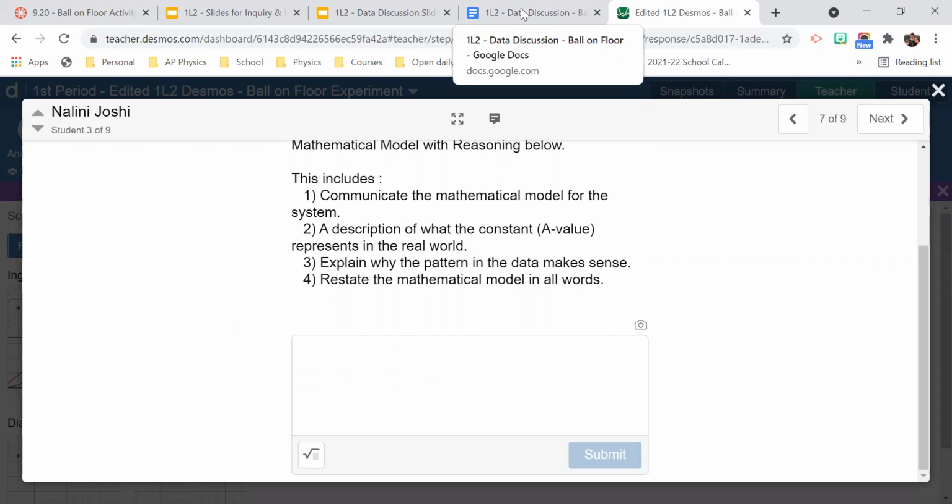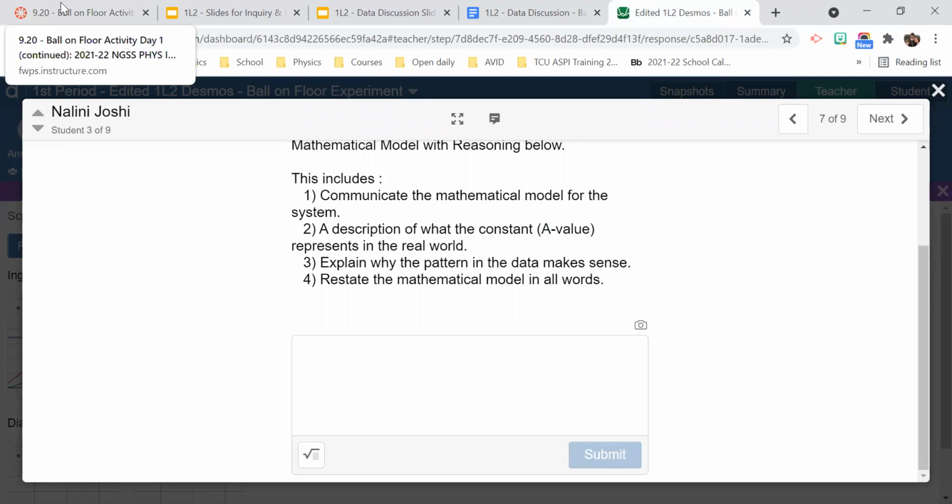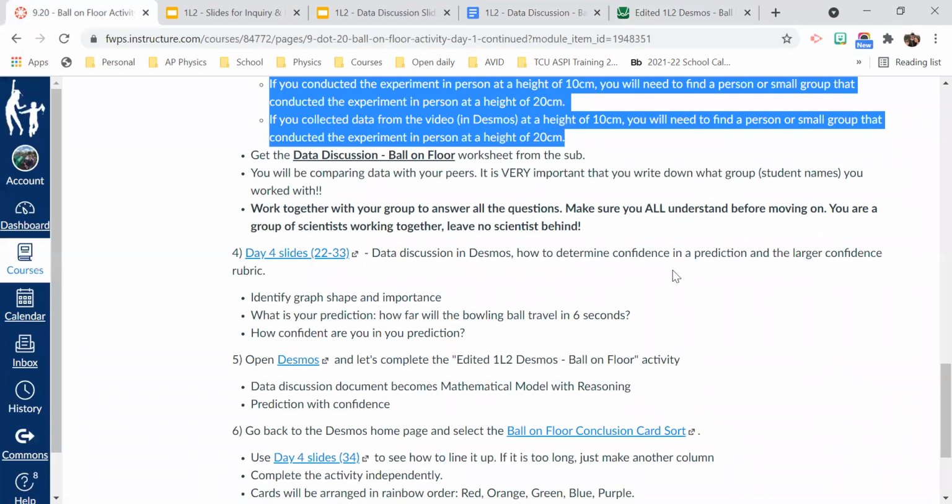Keep in mind their A value will be different, but you should all be on the same path of understanding what this A value represents and why it makes sense. So take a couple minutes, go check with your peers. If people aren't where you are, just check with somebody who seems like they might be at this point. Pause. And moving on.